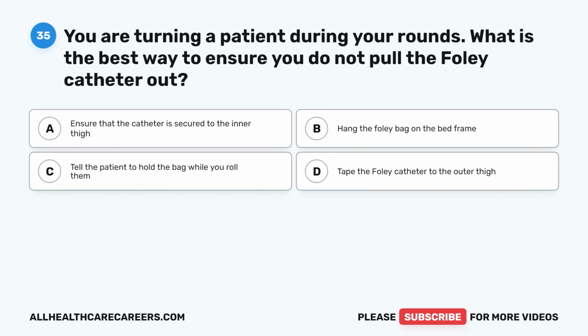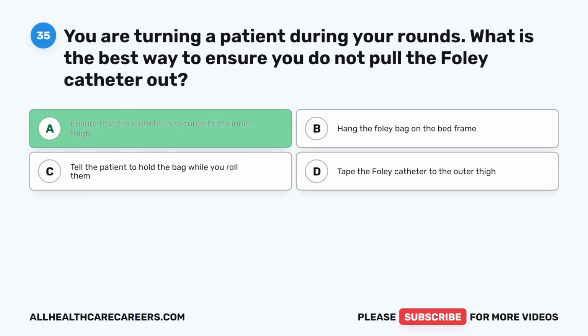Question 35. You are turning a patient during your rounds. What is the best way to ensure you do not pull the Foley catheter out? A. Ensure that the catheter is secured to the inner thigh. B. Hang the Foley bag on the bed frame. C. Tell the patient to hold the bag while you roll them. D. Tape the Foley catheter to the outer thigh.